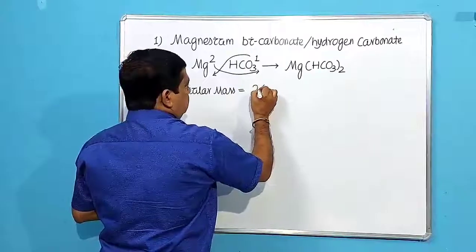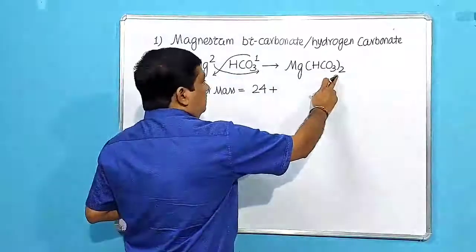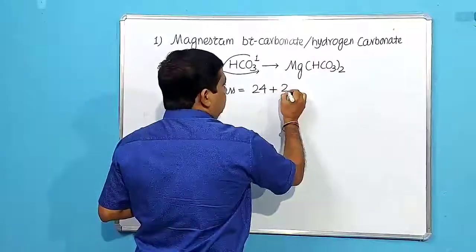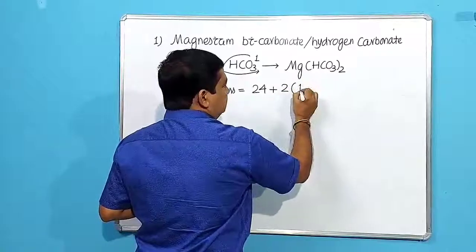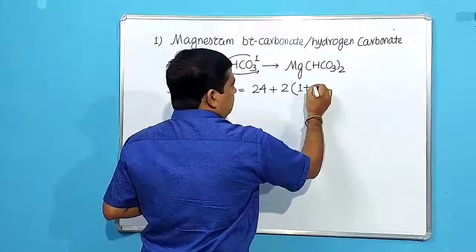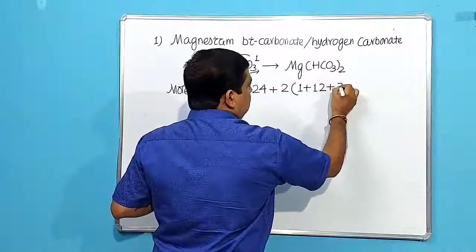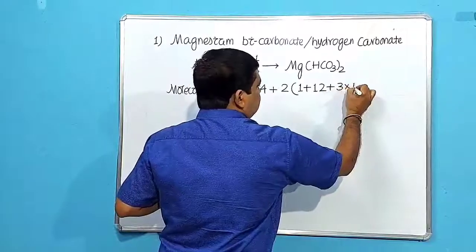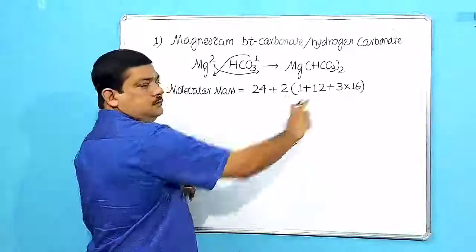Magnesium 24 plus. So there is a bracket here. So make it 2 into hydrogen 1 atom, atomic mass is 1. Carbon 1, atomic mass is 12 plus 3 atoms of oxygen, so 3 into 16. So whole 2. So from the starting make it 2 into whole.